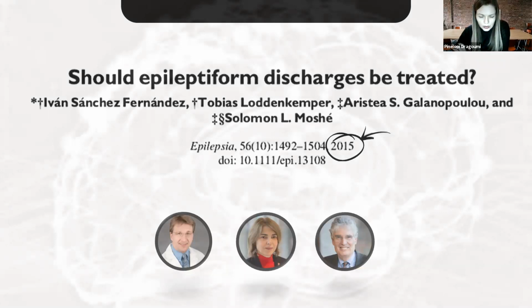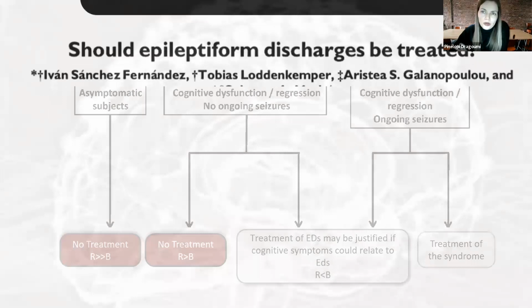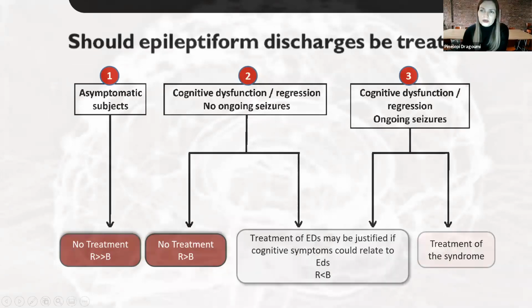So some people might ask whether epileptiform discharges should be treated when we don't have seizures and we only have some cognitive problems. There's been a very good review paper in Epilepsia, and the authors ended up providing a proposal that when we have asymptomatic subjects and we find interictal discharges, we should never think about treating.